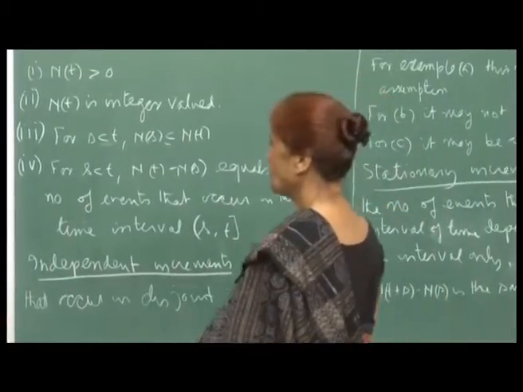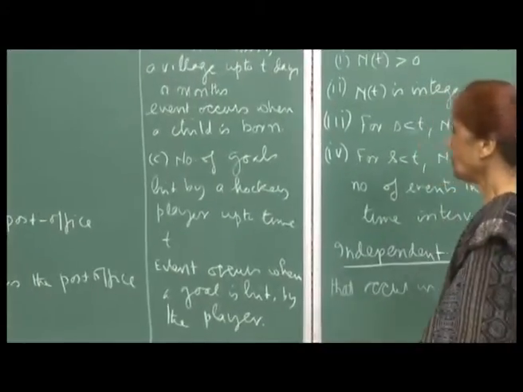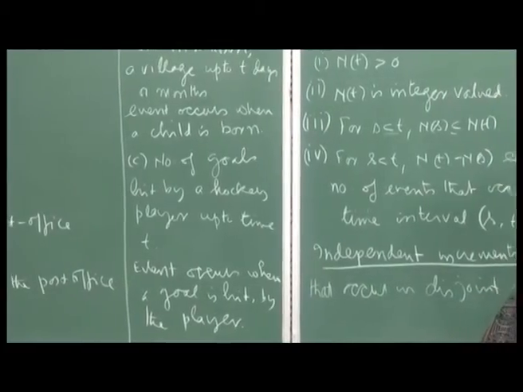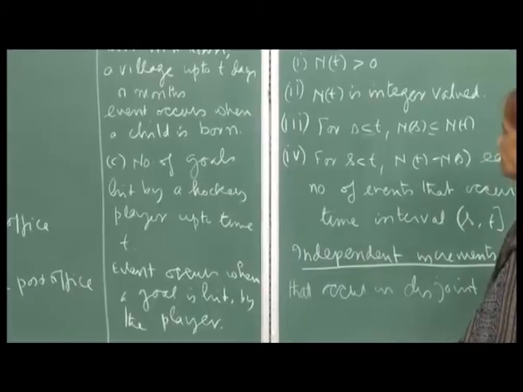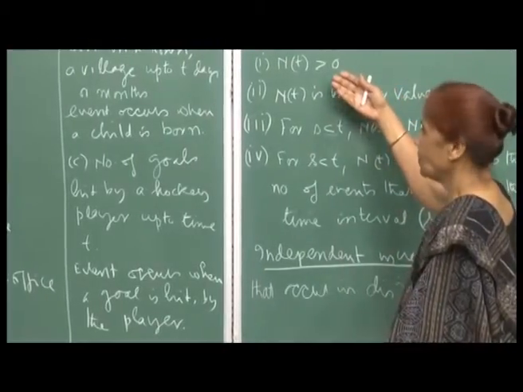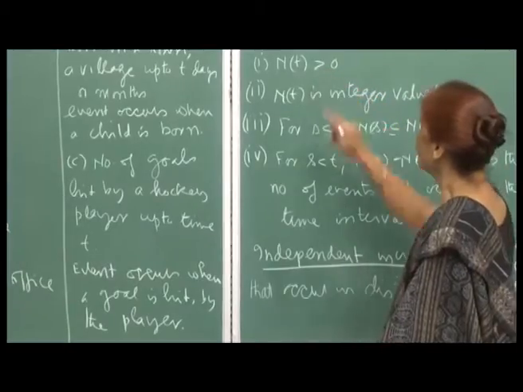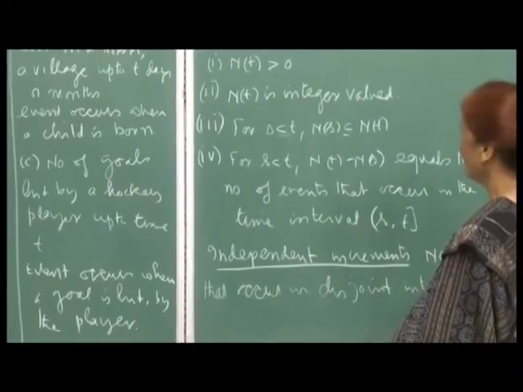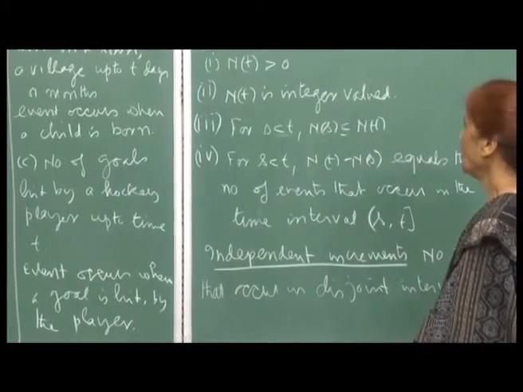Now, through these examples we realize that whatever our counting process is, N(t) must satisfy the following. Since it counts the number of events that have taken place, it has to be greater than or equal to 0. Then N(t) is integer valued, because we are counting events.